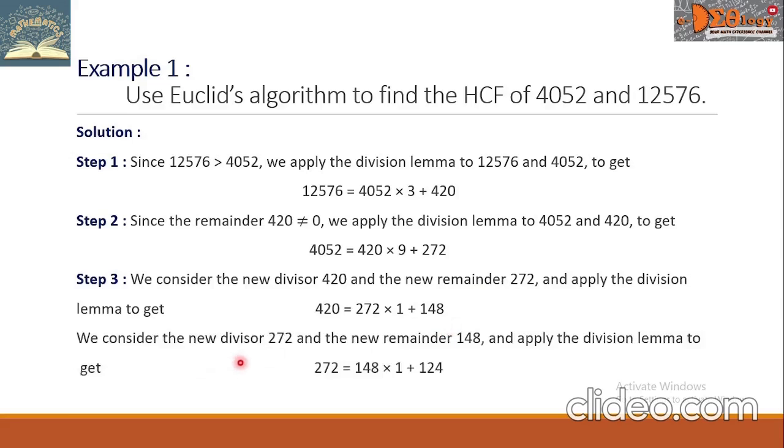We consider the new divisor 272 and the new remainder 148. So we divide 272 by 148 and we get this equation. 272 equals 148 times 1 plus 124.